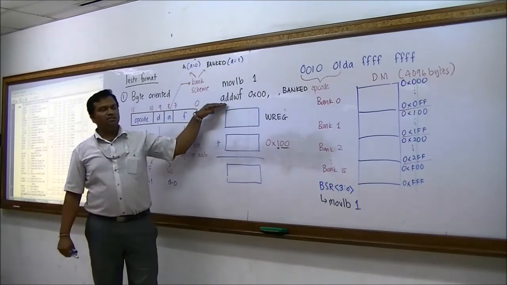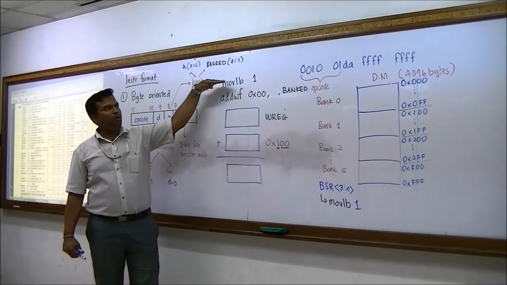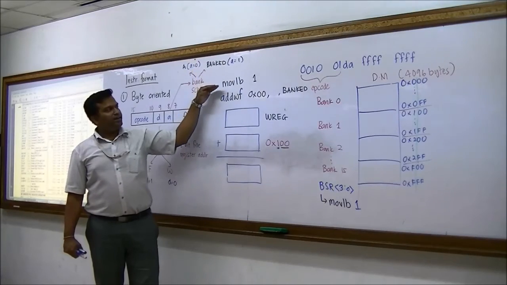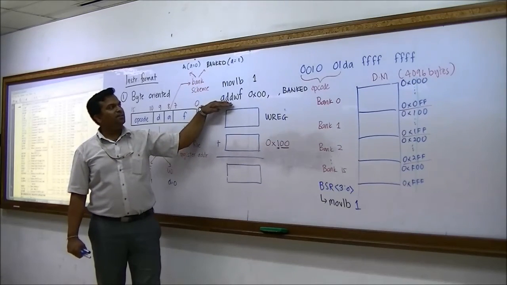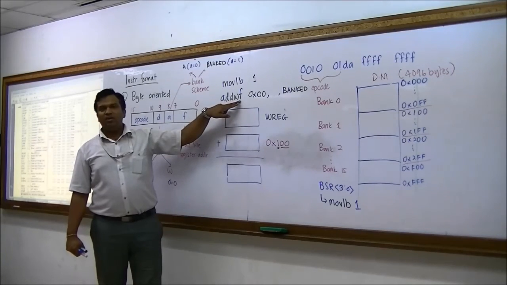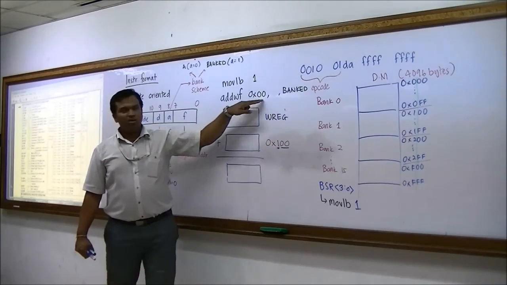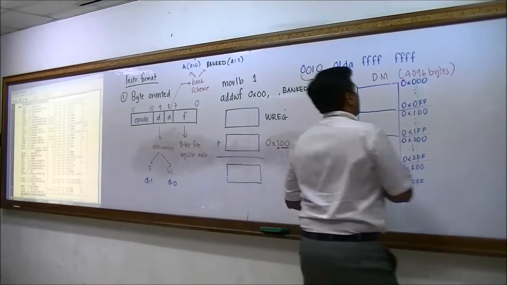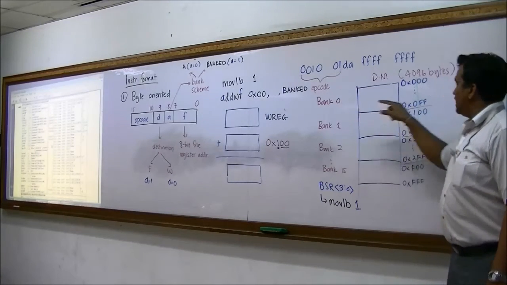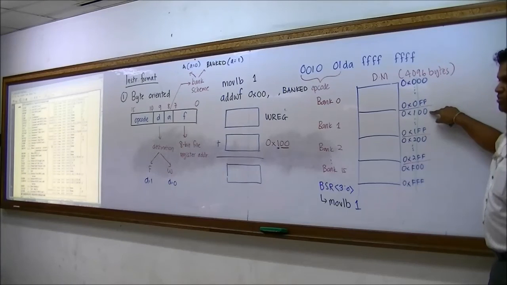So when we read this instruction, first it will execute MOVLB 1. What does it do? It activates bank 1. And then you come to this instruction, add the content of the working register to the content of the file register at address 00. Take note that in terms of 8 bits, there are a lot of 00, right? Here goes 00, here also goes 00.